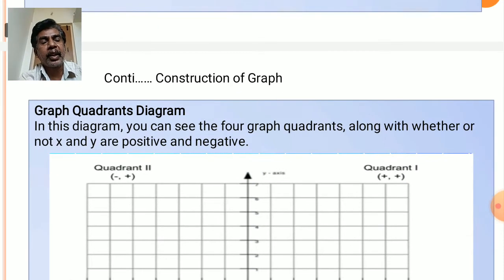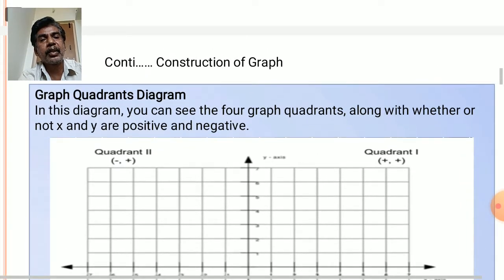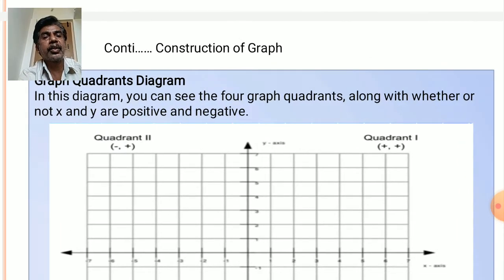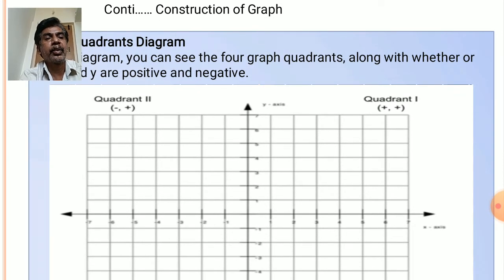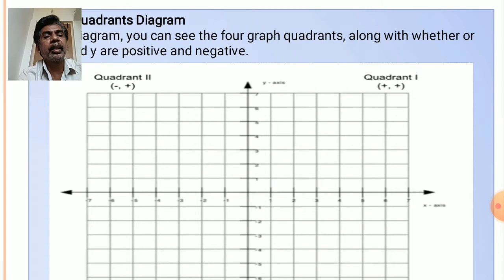Now, graph quadrants diagram. Here quadrants can be clearly illustrated. In this diagram, you can see the four graph quadrants, along with whether x and y are positive or negative.